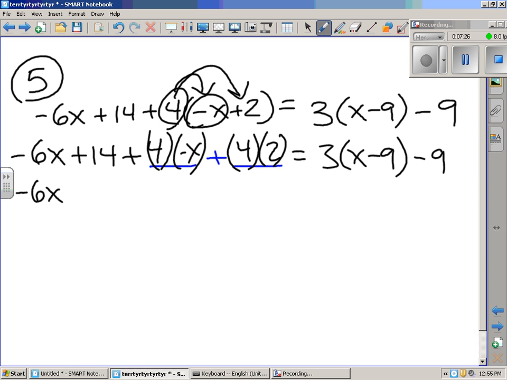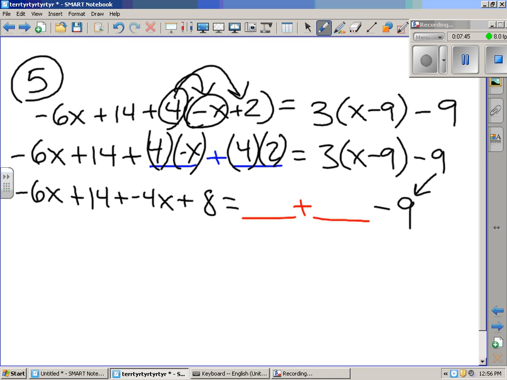Negative 6x plus 14, and then this is plus a negative 4x plus 8 equals, and now I'm going to go ahead and do the distributive property section on this side. Blank plus blank, and then we tack on the minus 9 at the end.